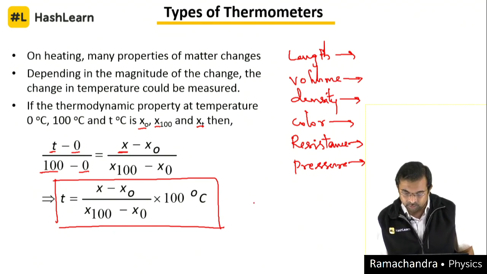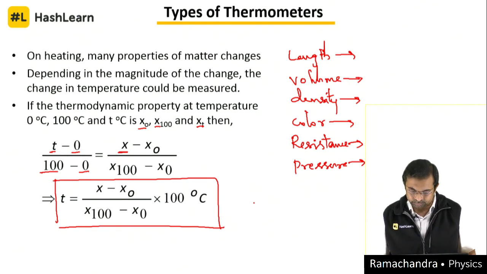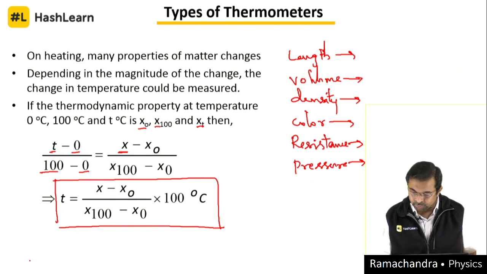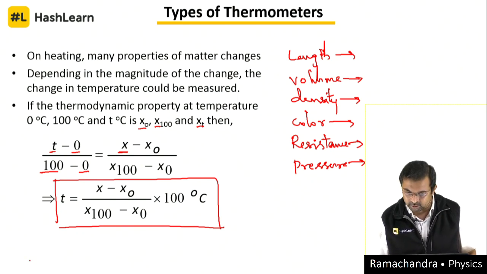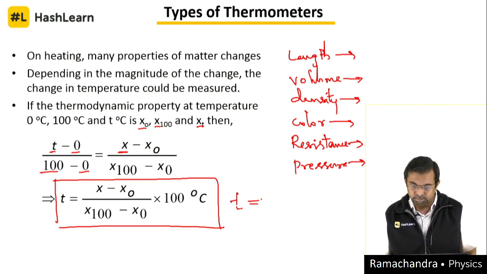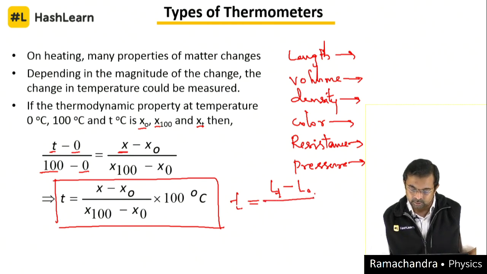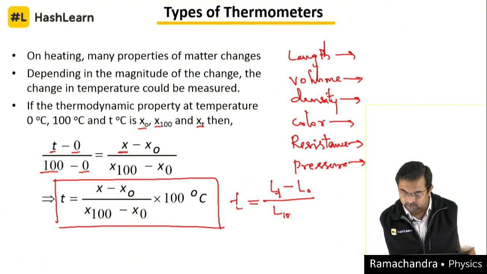Let us say for example, there can be different thermometers using length, volume, density or whatever that may be. So T at a particular temperature would be the length at a random temperature T minus the length at 0 degrees Celsius, divided by length 100 at the boiling point minus length at 0, into 100.